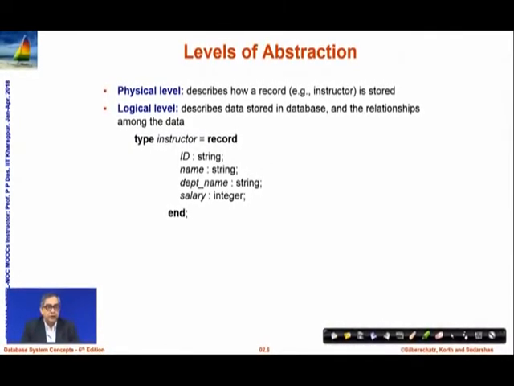In contrast to the physical level, the logical level is not concerned with how this string, the number and all that will be actually stored, and how these hundreds and thousands of records will actually be stored so that they can be efficiently used. We are just concerned with the logical view, that I should be able to deal with records as they are.